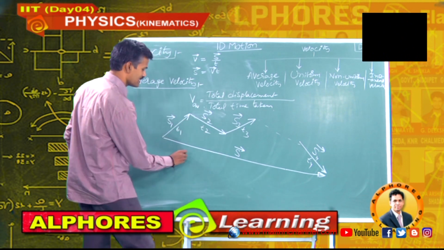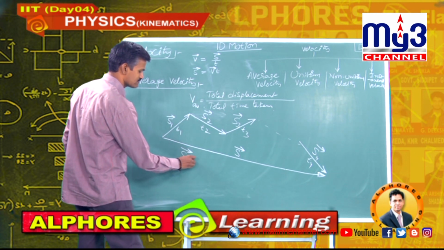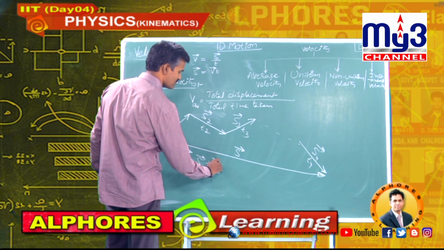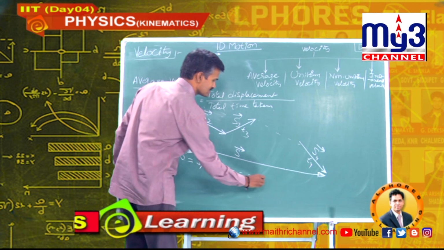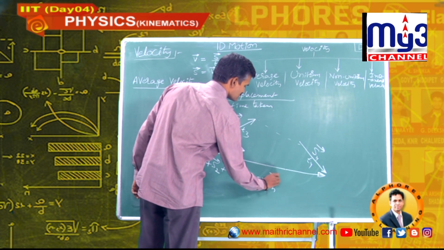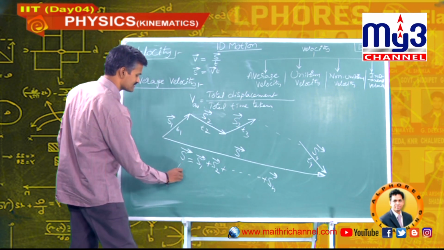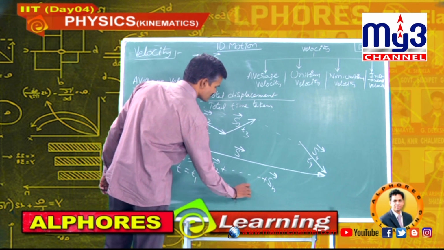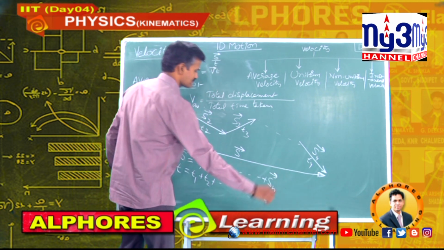So total time taken is t1 plus t2 plus t3 plus and so on plus tn. So what is the total displacement vector? Total displacement vector is S1 bar plus S2 bar plus and so on plus Sn bar, and total time taken is t equal to t1 plus t2 plus and so on plus tn.